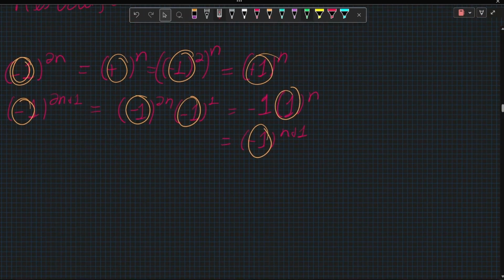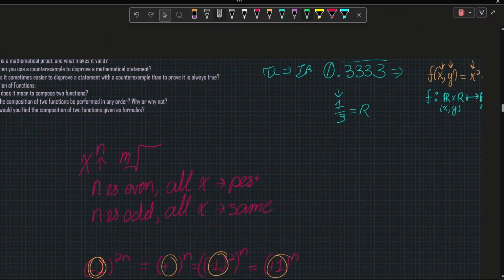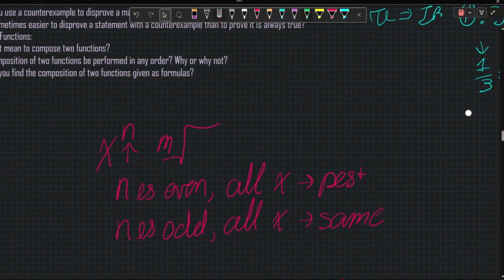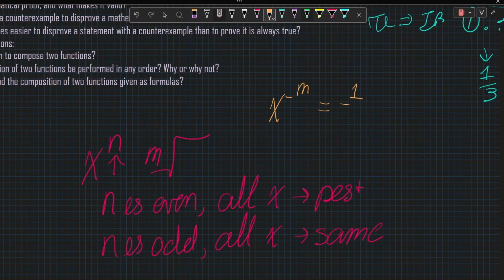And if it's an odd power, then it will stay positive or negative. And negative quotients, let's say we have x to the negative m over 2, or negative m. You just express that as x to the m positive. Okay.